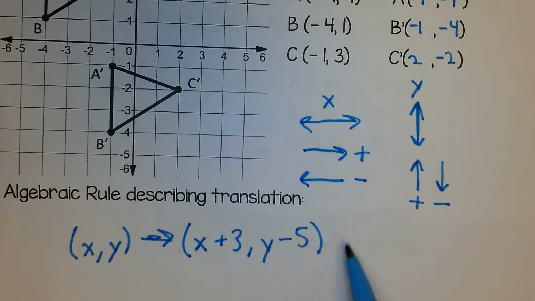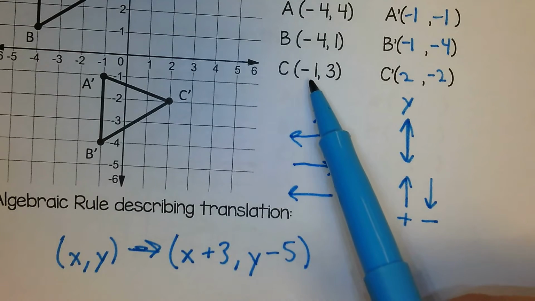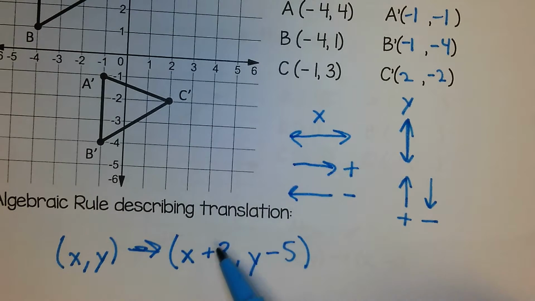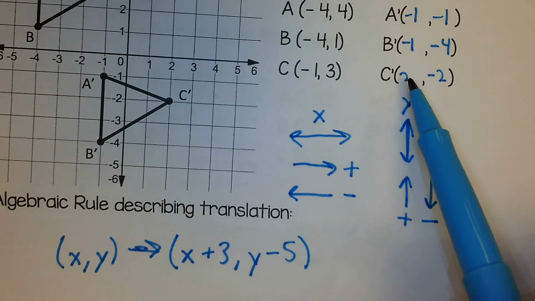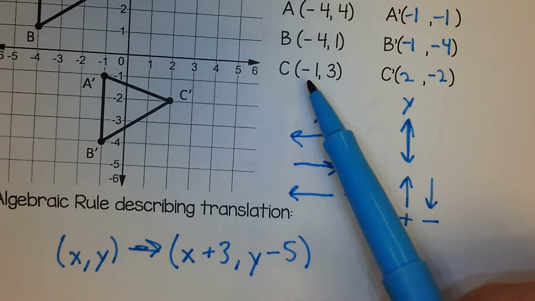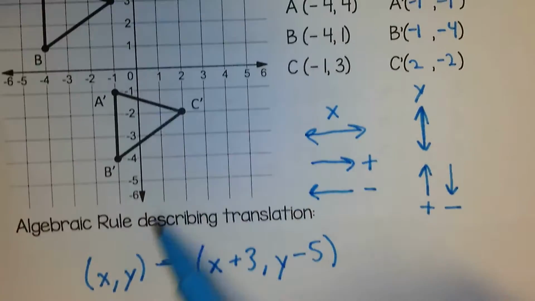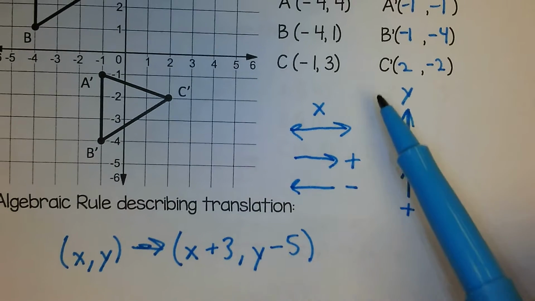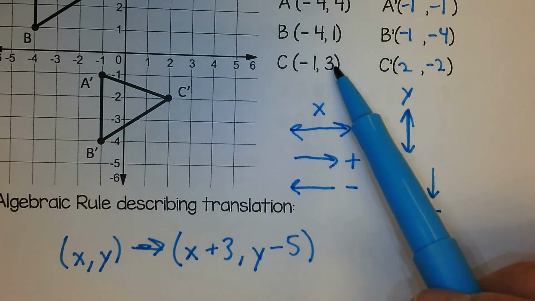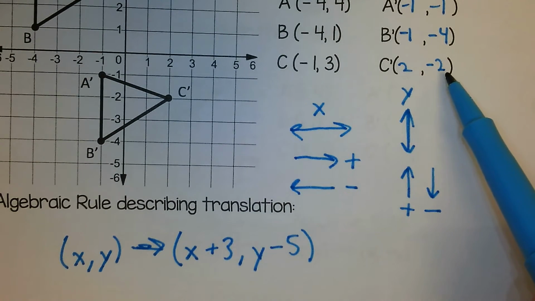All this tells me is that I start at x, and then I go to x + 3, so I'm going to add 3 to the x value. For C', -1 plus 3 becomes +2. Then the y value I would subtract 5 from. If I start at 3 and subtract 5, I would get -2.